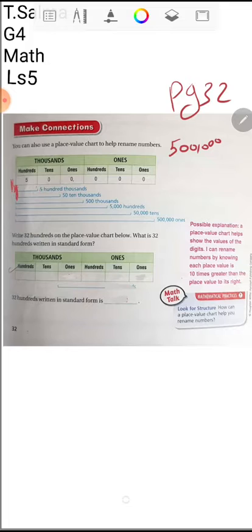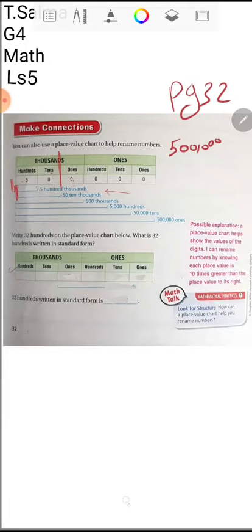This is the way. Now, if I want to take in my distance the ten thousands too, it will be, if you read the number right here, it will be 50, right? 50 what? 50 ten thousands. So you have another name here for the number.